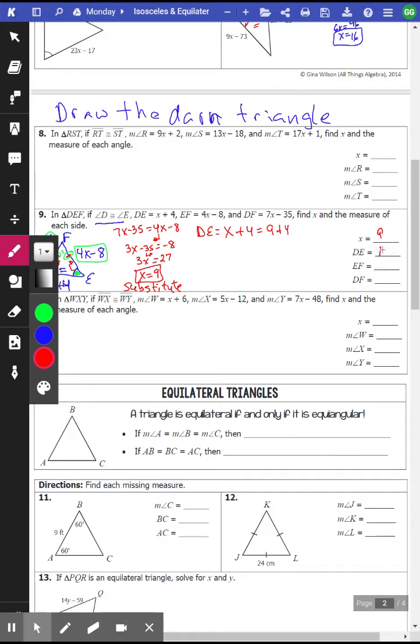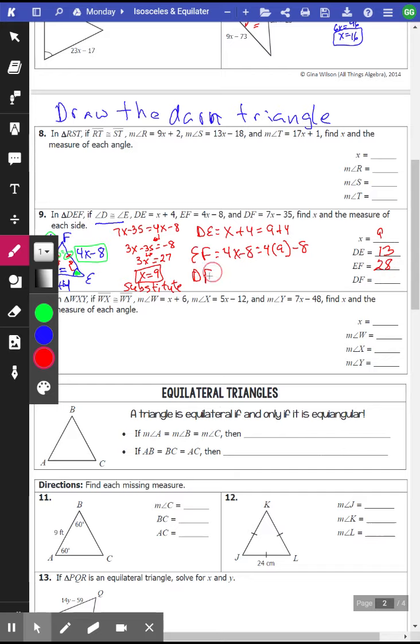D to E is 13. Next one is E to F, which is 4x minus 8. So it's 4 times 9 minus 8. So E to F is 28.